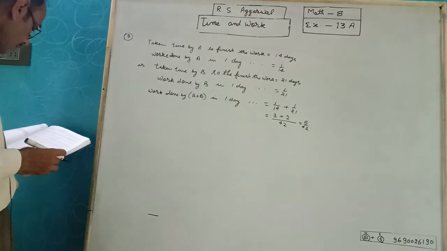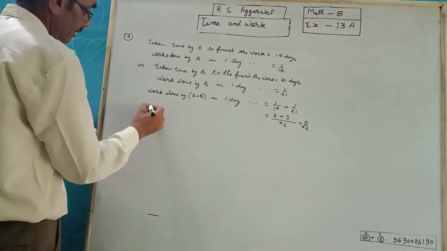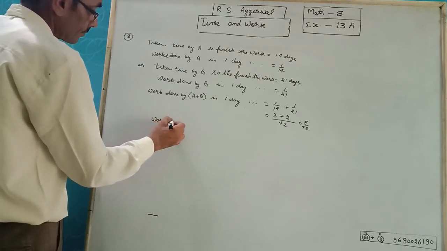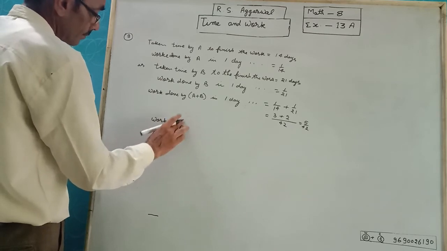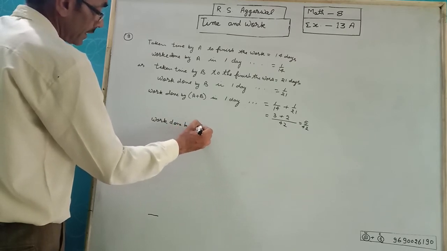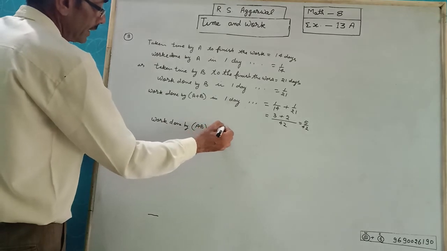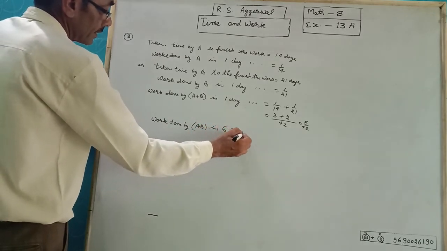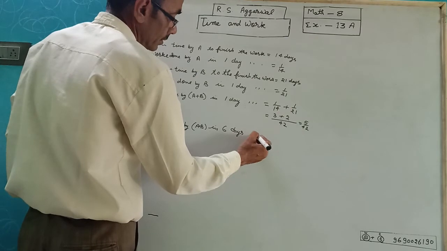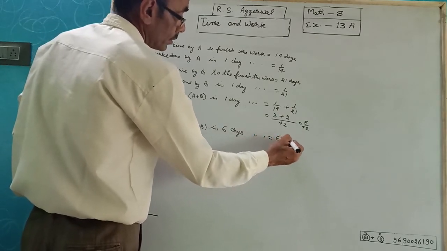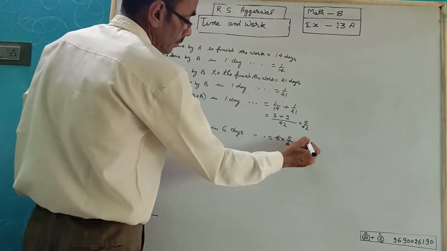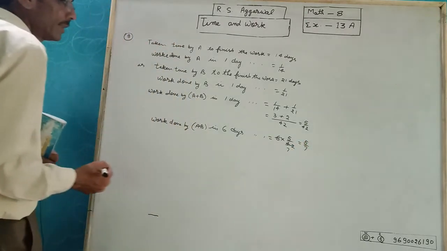They began working together for 6 days. Work done by A and B in 6 days: multiply 6 by 5/42. 6 and 42 simplify, 6 times 7 is 42, so 5/7 work has been completed.